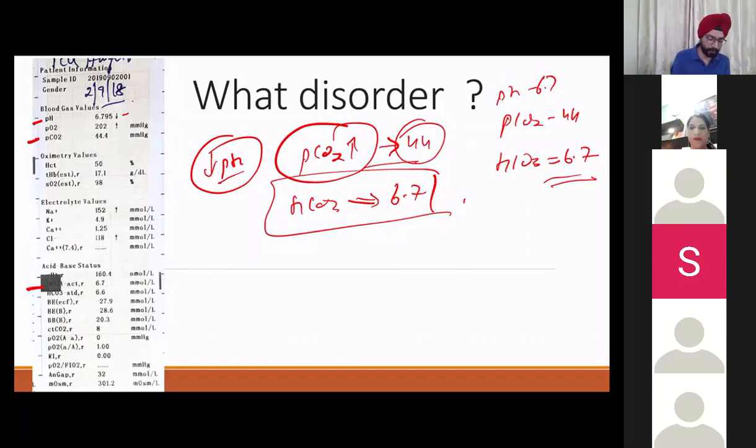So when I told you that when bicarbonate and CO2 go in the opposite direction, it cannot be anything but a mixed disorder. So this is a mixed disorder. Both the processes are contributing to the acidosis in the body. And thus this is a metabolic acidosis with a respiratory acidosis, correct?